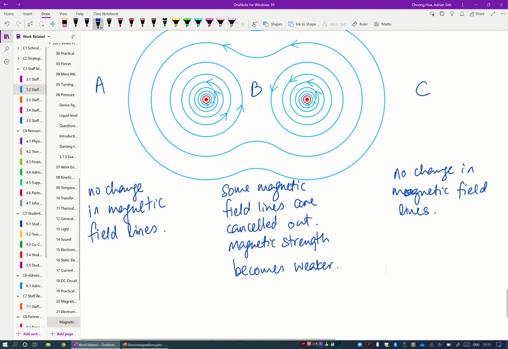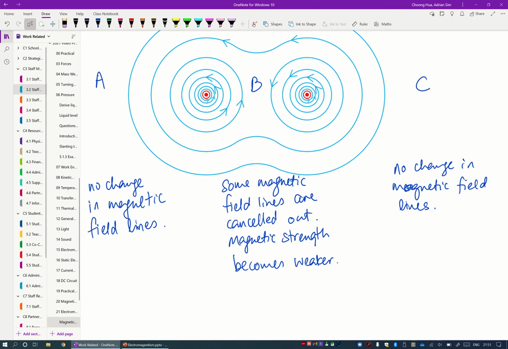Okay, so you see in the middle it became weaker, but at A and C there's no change.